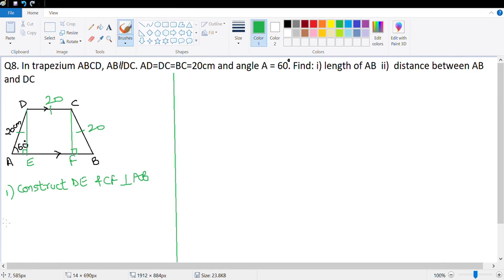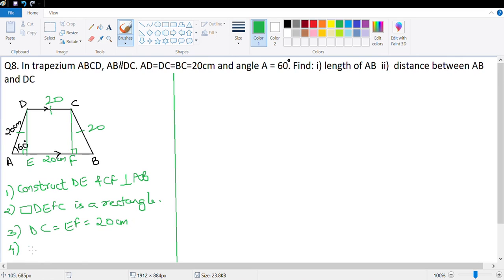So what we get is quadrilateral DEFC is a rectangle, which means DC is equal to EF is equal to 20 centimeter. So this is 20 centimeter.